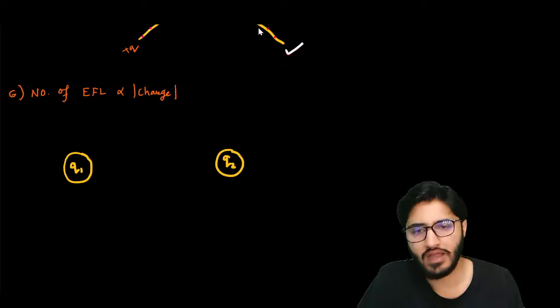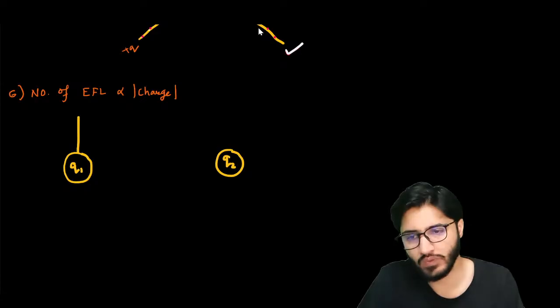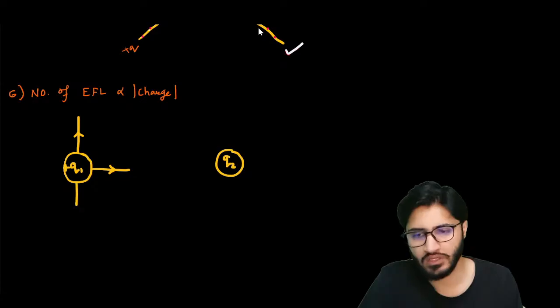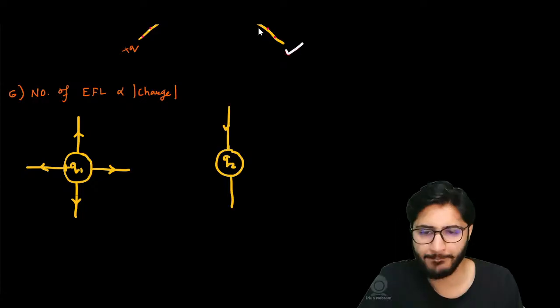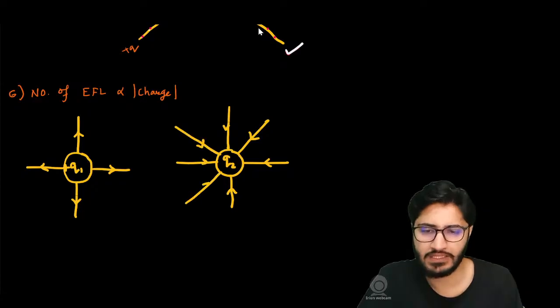Okay, I will now draw the electric field lines. Look, 1, that means it is positive. 2, 3, 4. Here, 1, 2, 3, 4, 5, 6, 7.